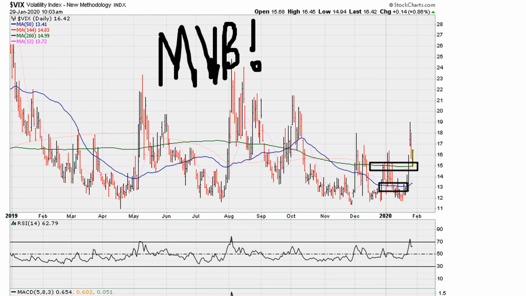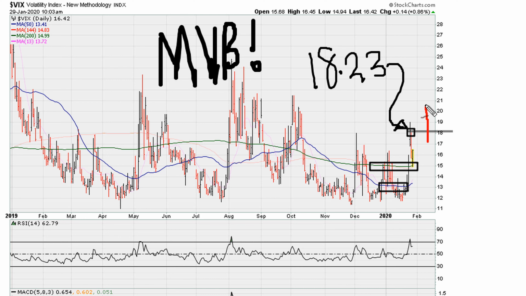So what I would say is very simple. This is the recent daily closing high, and that is at 18.23. So we can use that as the next breakout level for the VIX. If the VIX can clear that level, that would suggest that the general market is going to be under strong downside pressure. I can guarantee you that.